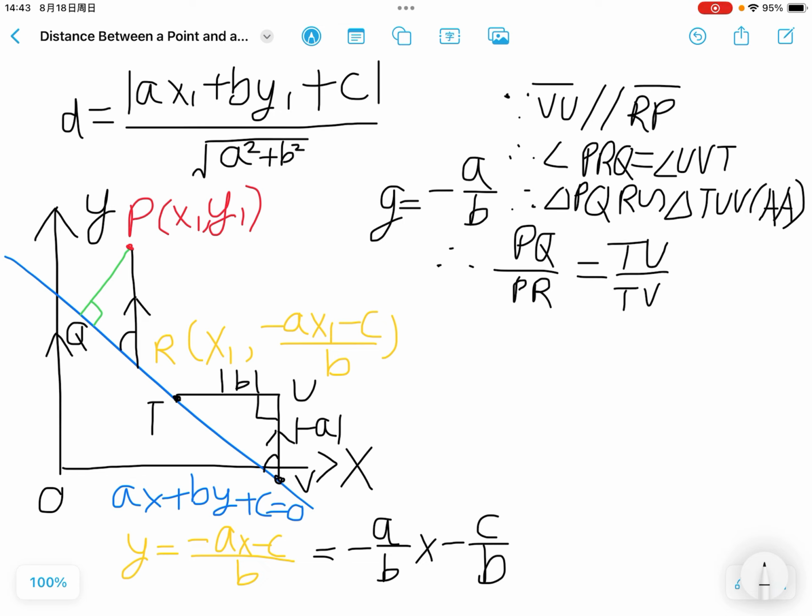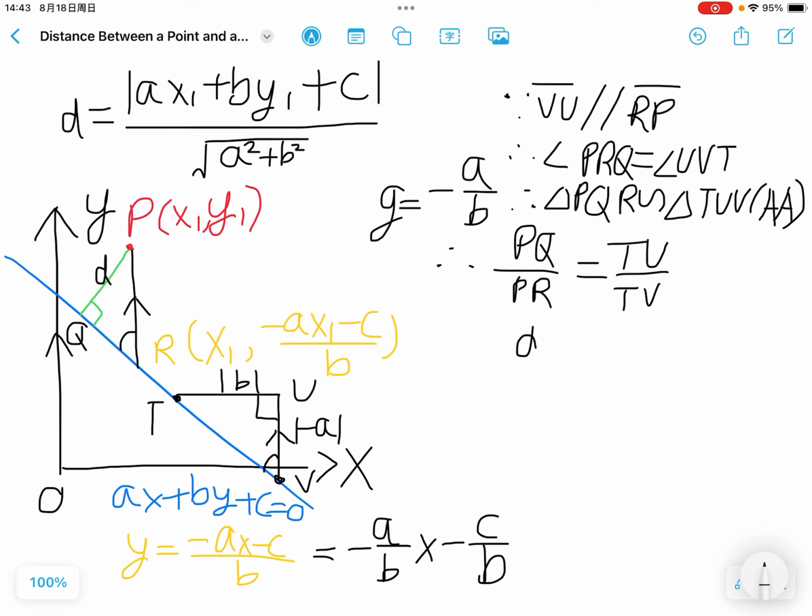We can use this because this is the closest thing we have in this whole process to a fraction, except for this, but that doesn't really help much right now. So that's like a fraction equation, so we can use this. We know that PQ is what we're looking for. PQ is just d, because d is the distance from the point to the line.